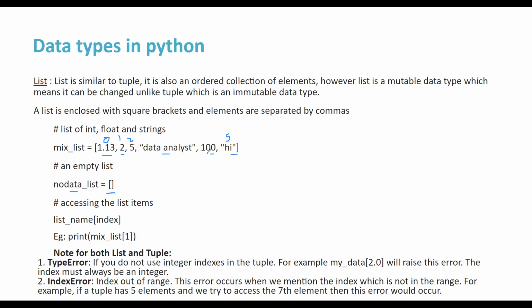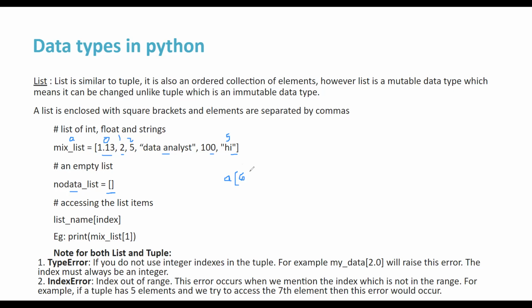Suppose I take a variable A, instead of mixed list, and you try to mention an index which is out of range. Let's say A of 6.